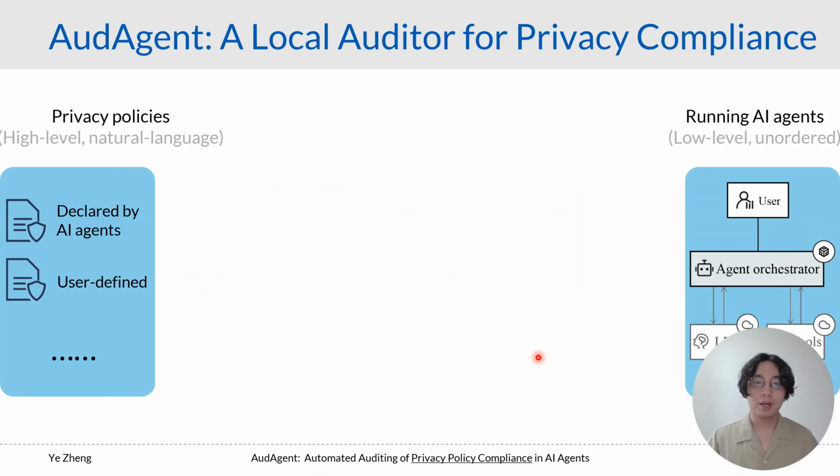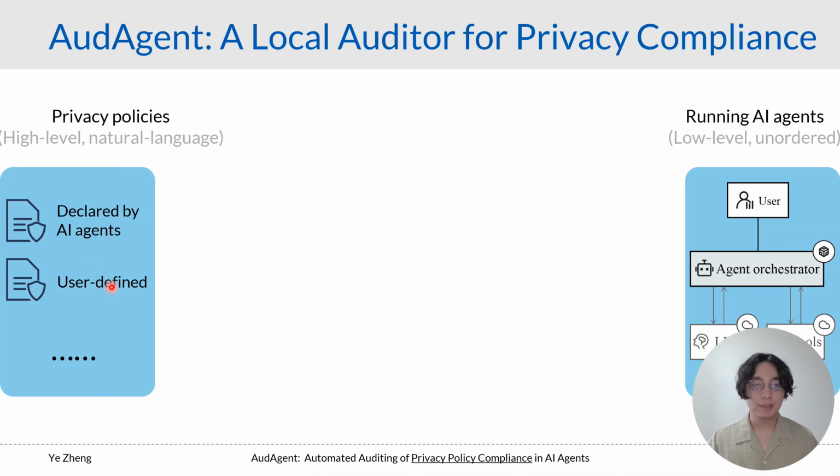In this paper, AudAgent is a local auditor for privacy policy compliance. We want to audit whether AI agents run by users comply with privacy policies, including the privacy policy declared by these AI agents and user-defined privacy policies.